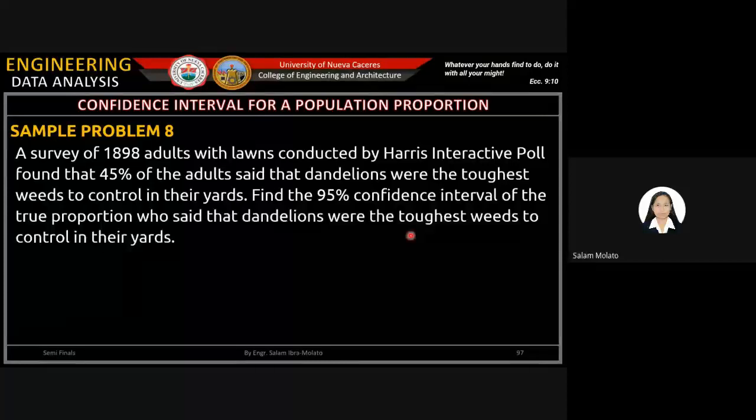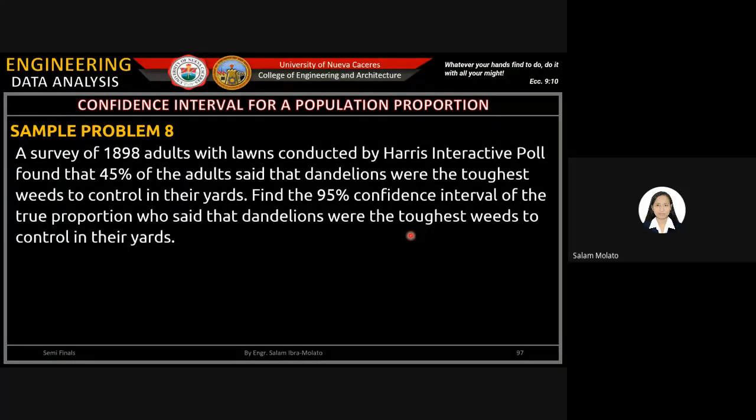Okay, so here, it was given, the 45%, that is already the p-hat. Okay? That is already the p-hat. Or you can actually compute it too. 1898 is n. So 45%, get the 45% of this. But what will still be given to you as p-hat is 45%.